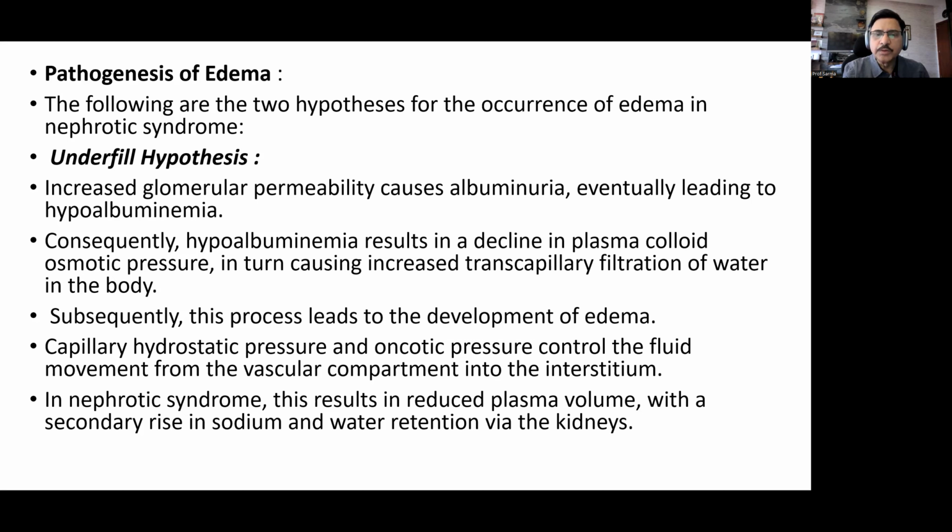Correct. So if this is the capillary, this is the arterial end, this is the venous end, and there are proteins here, and these proteins hold the water. Whatever water is filtered now, that water has to come back, because these proteins will request it to come back: you fellows, you have gone in search of the tissues to supply nutrition, your job is up, come now and join us, because there is a pull here.